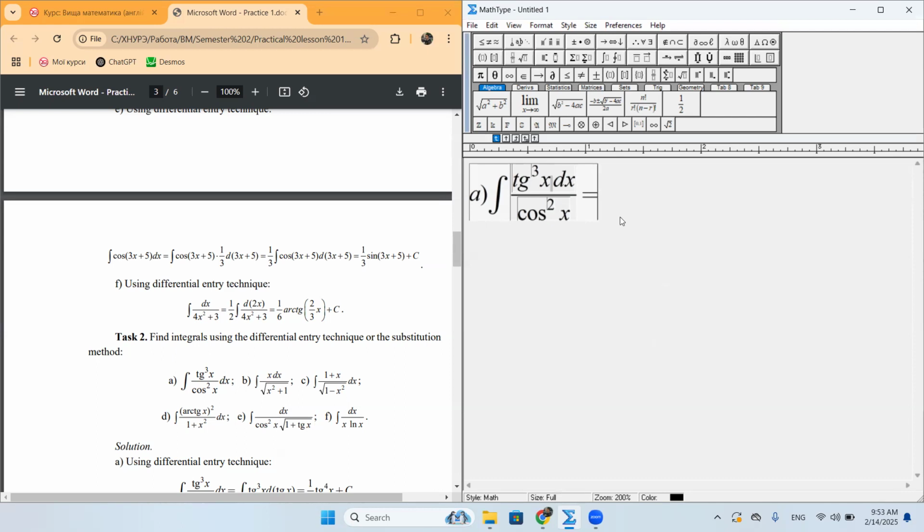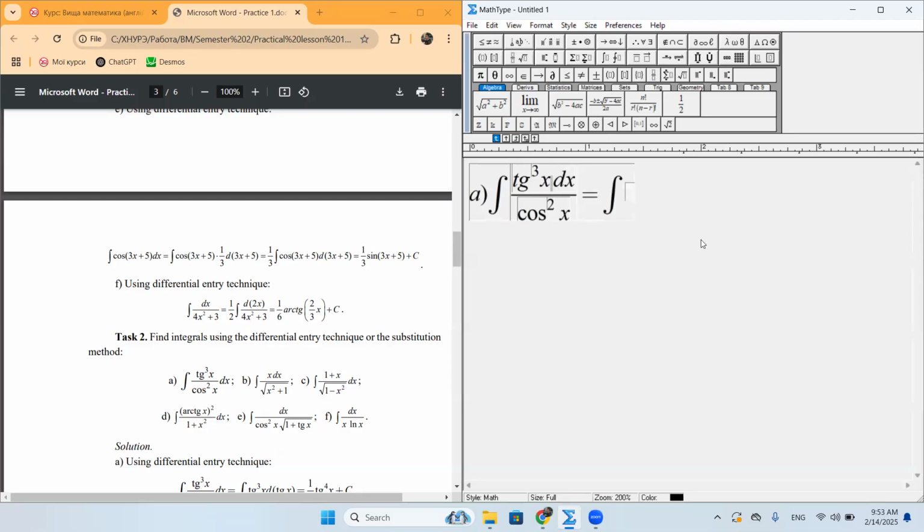We can, but why? So more ideas. Do you see a differential of a function under this integral? Okay, after some practice, you will see it.